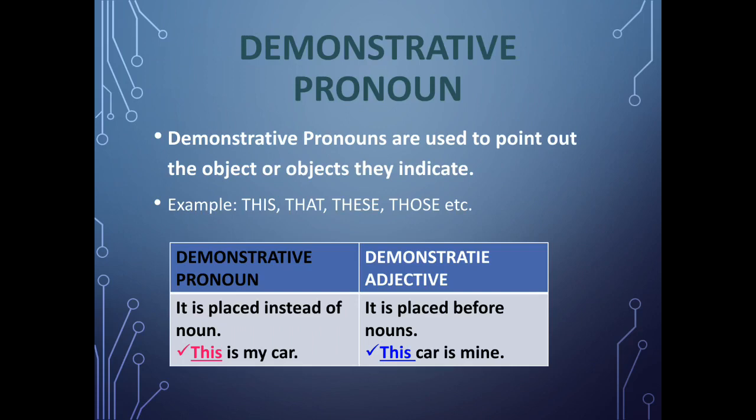Demonstrative pronoun is placed instead of a noun, but demonstrative adjective is placed before a noun. If I say, this is my car, here this is the demonstrative pronoun. But if we say, this car is mine, here as the word this is placed before the noun car, it is a demonstrative adjective.